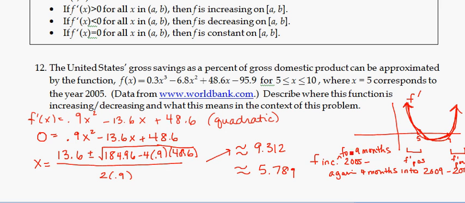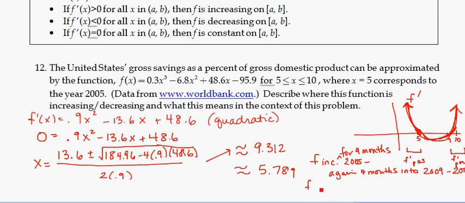So it's increasing for just 9 months in 2005, which would represent this small amount of time right here. And then again for 4 months in another year, increasing for a little bit of time here. So we're stopping at 2010.